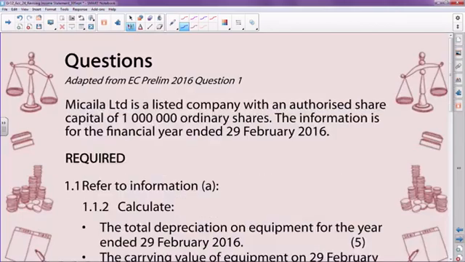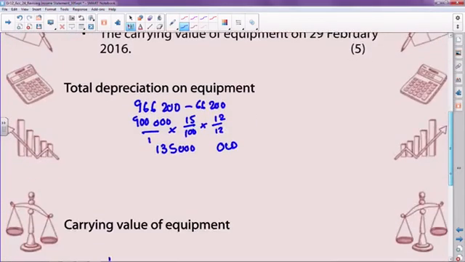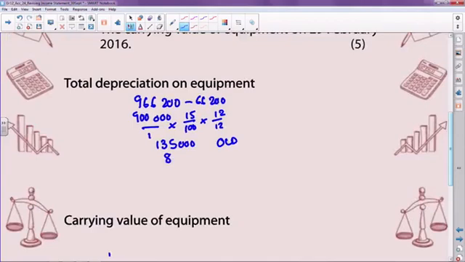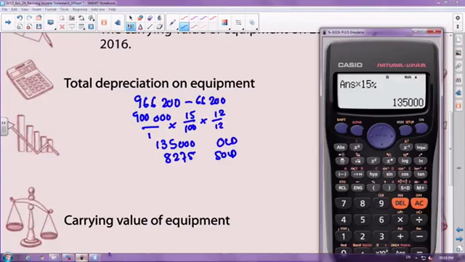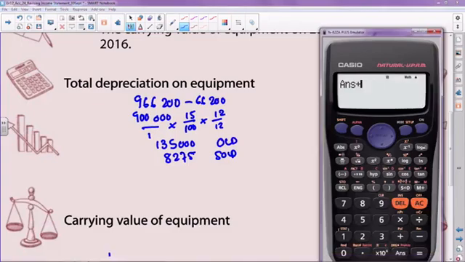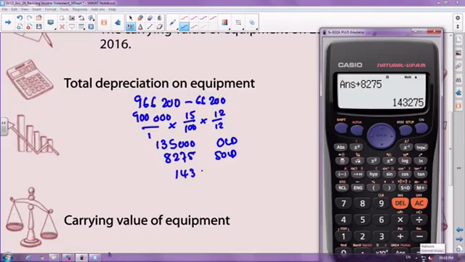Therefore, take that figure of 8275, add it there. 8275 was the depreciation on the sold vehicle, and therefore we've got the 135,000 plus my 8275, and this is then equal to 143,275, and that would be my total depreciation that I have calculated.